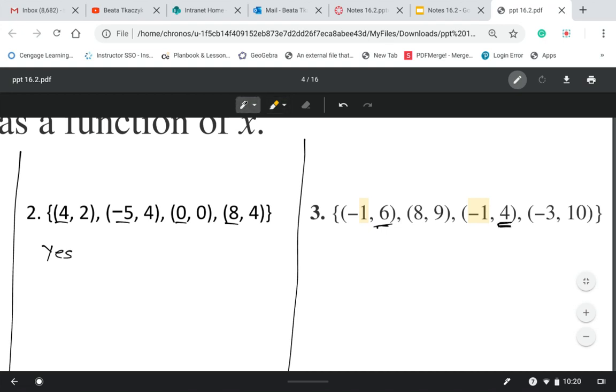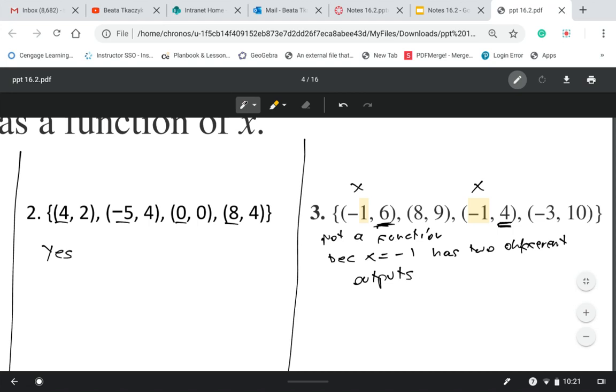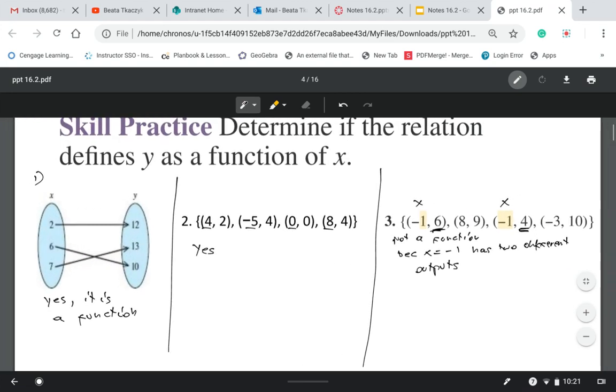So this is not a function because the same input has two different outputs. Not a function, because x equal -1 has two different outputs. So that's definitely not a function.